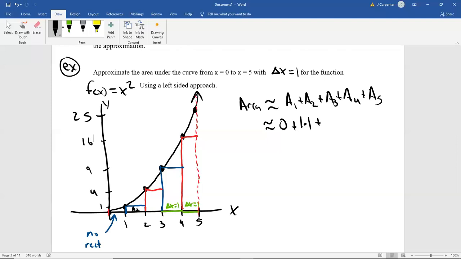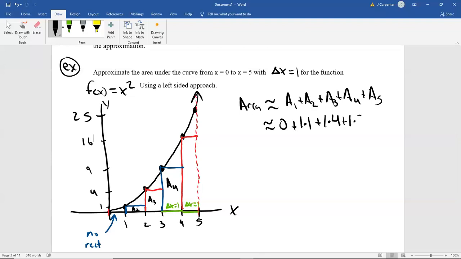Plus, then the next one, this is area 3, still has a width of 1, but its height is 4. Plus, the fourth one still has a width of 1 times, and its height is 9.